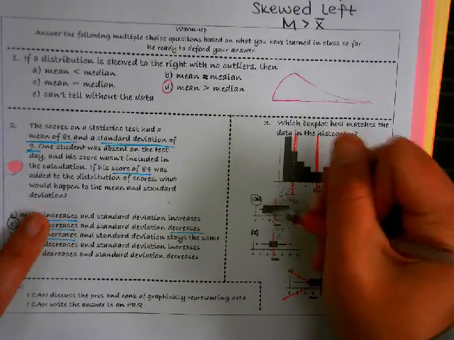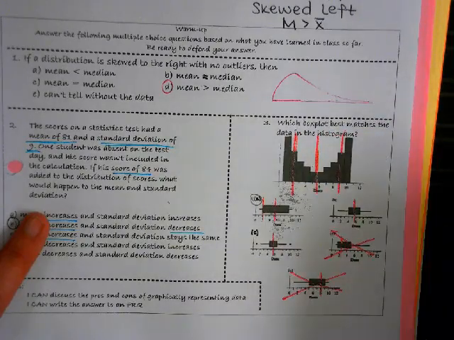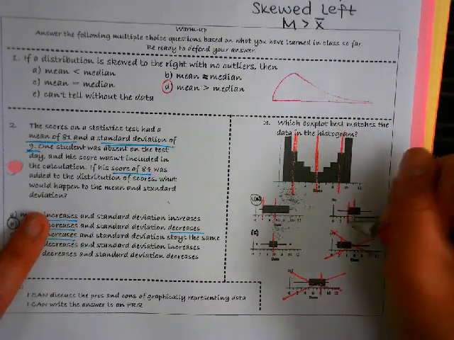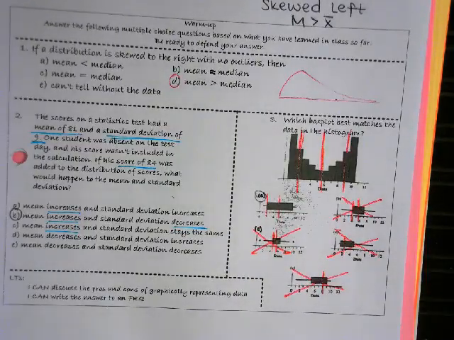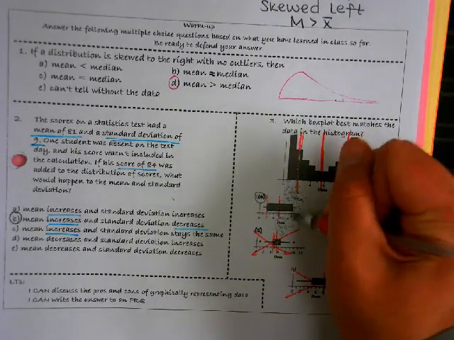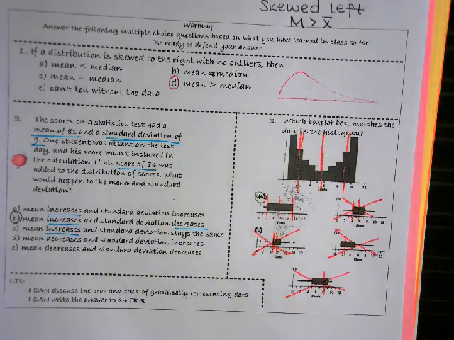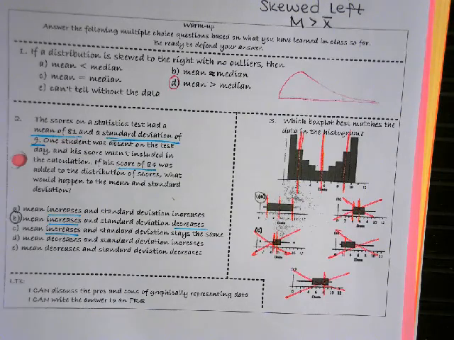So A has Q1 around 2. B has Q1 up at 4, so it's not that. And then C has Q1 up around between 4 and 5, so not that one. And then if I check, I marked Q3 around 9, which is where that one is also. So A is the best box plot.